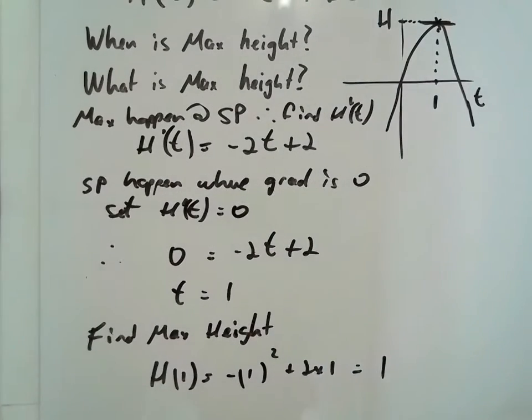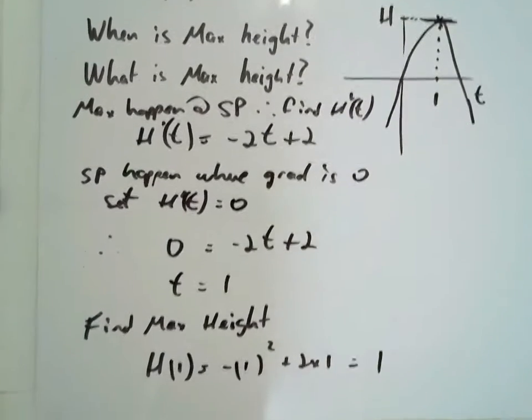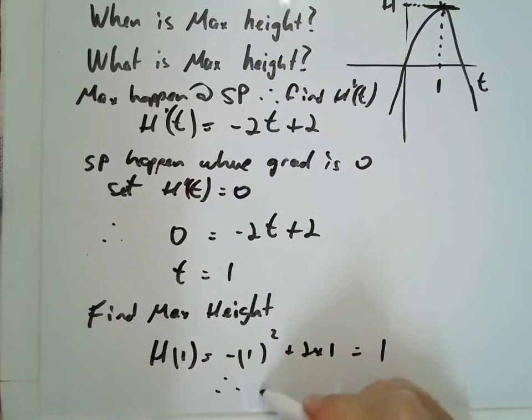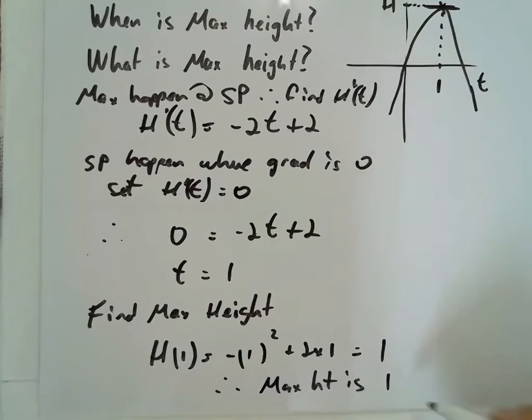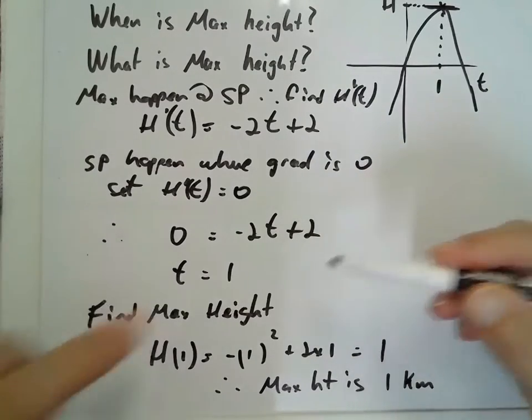Given that it's a worded question, we probably want to say, therefore, the maximum height is 1, whatever the units are, kilometre.